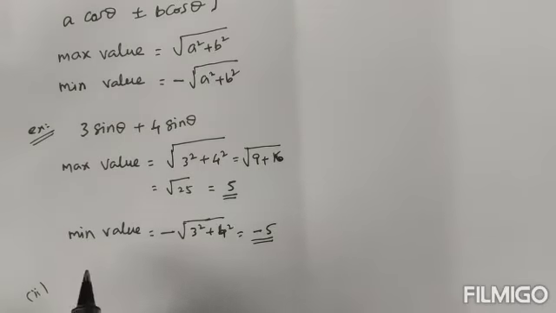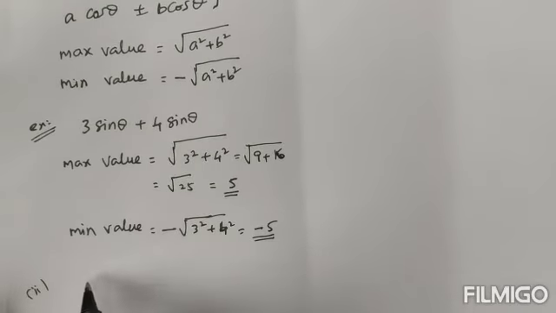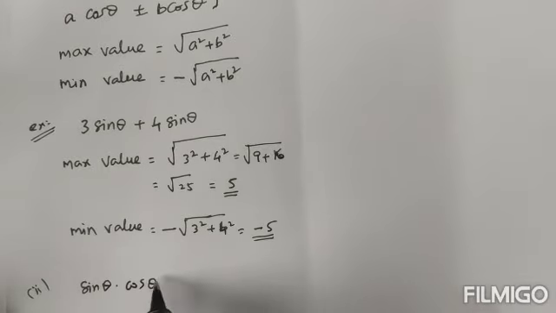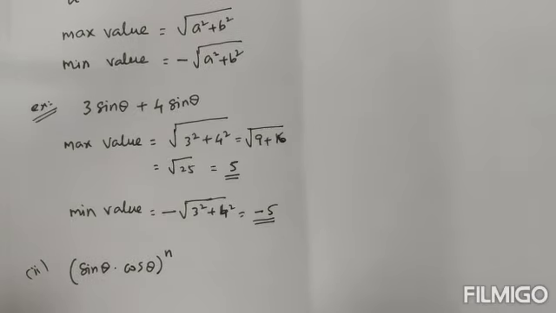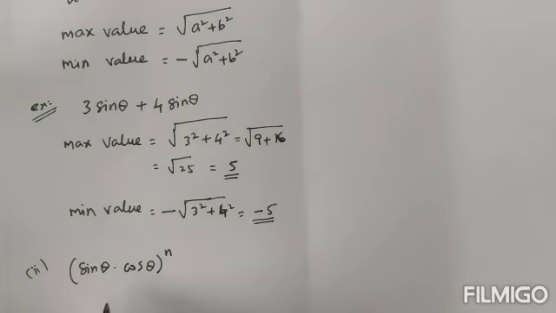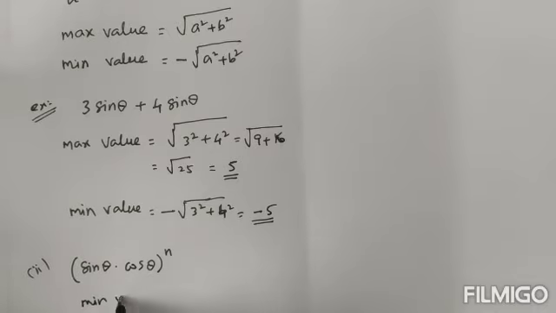The model where a power value will come, that identity is sin theta into cos theta whole power n. So this is one of the identities. In this model, first I can write the minimum value.